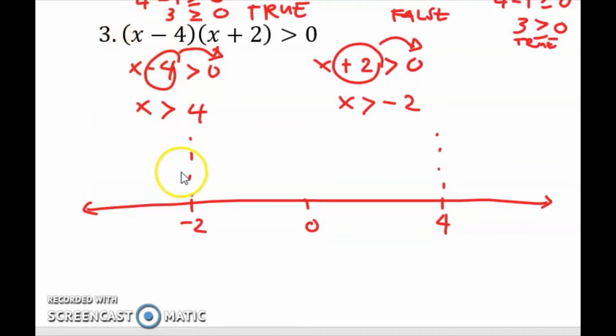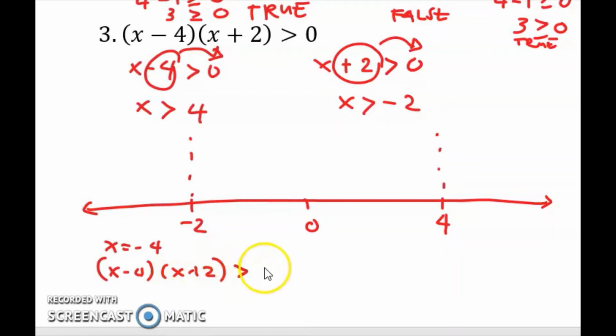Okay, so kuha tayo ng mga nandito sa kaliwa ni negative 2, kunin natin si, gusto ko si negative 4 ang kunin. So, negative 4 when x is equal to negative 4. So, we will have here x minus 4 multiplied by x plus 2 greater than ba yan kay 0 when x is negative 4.